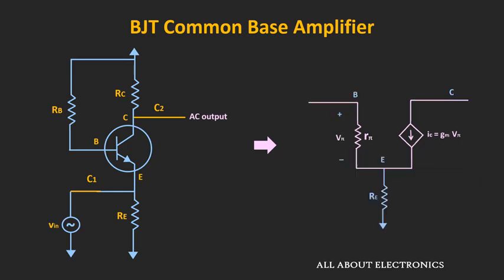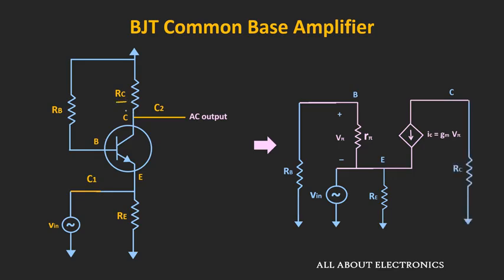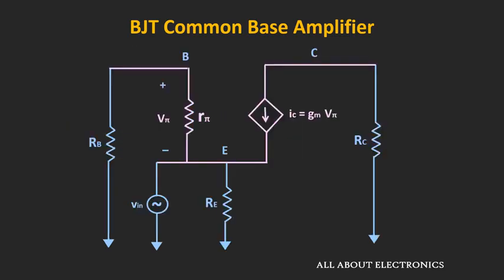This input signal is also applied between the emitter and the ground terminal, while the base resistor RB is connected between the base and the ground terminal, and the resistor RC is connected between the collector and the ground terminal. So this is the AC equivalent circuit of the common base amplifier.